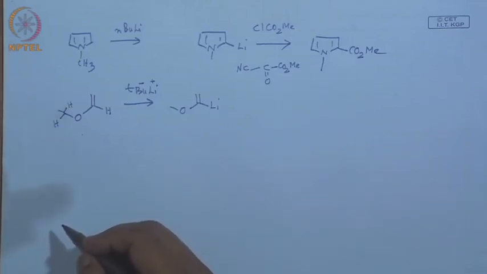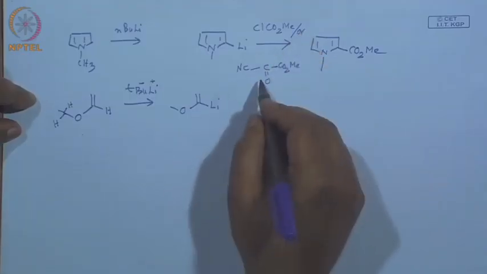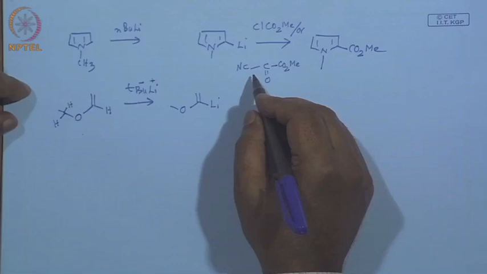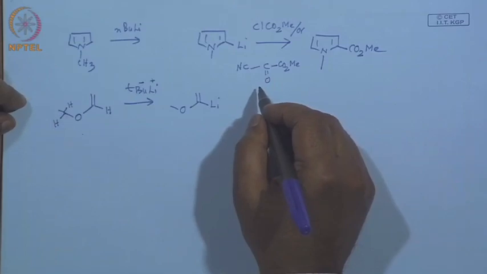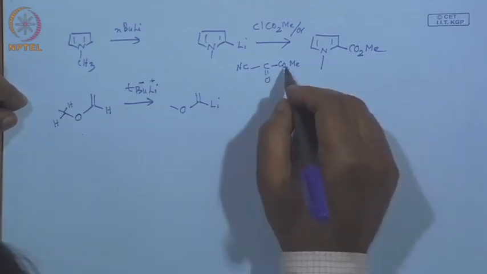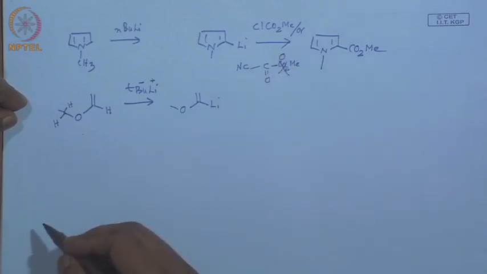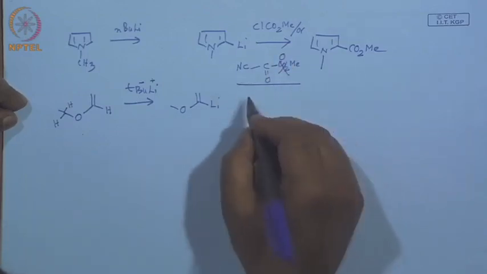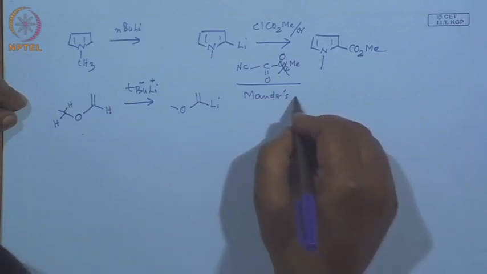Instead of the chlorine you have the cyano, that means methyl cyanoformate. Okay. This is a very useful reagent, and this is known as Mander's reagent.